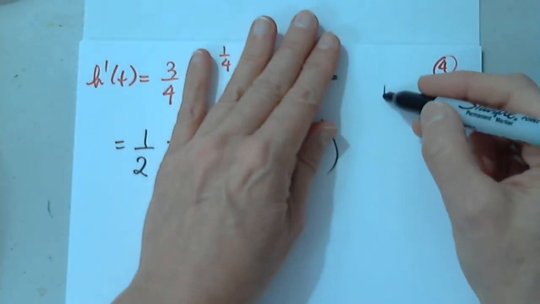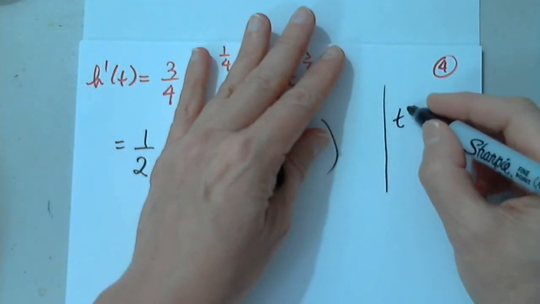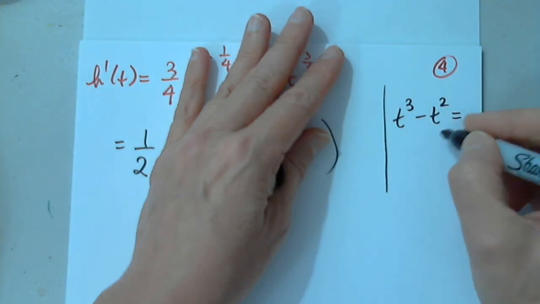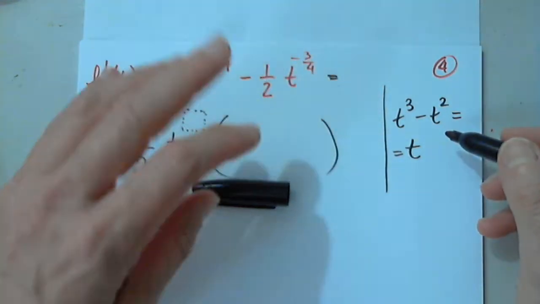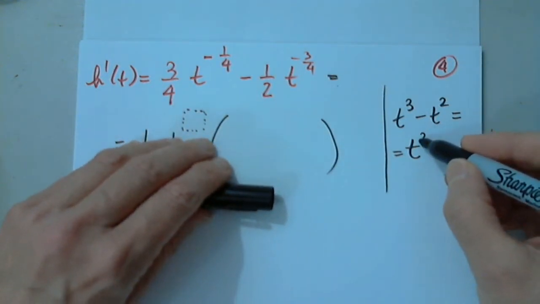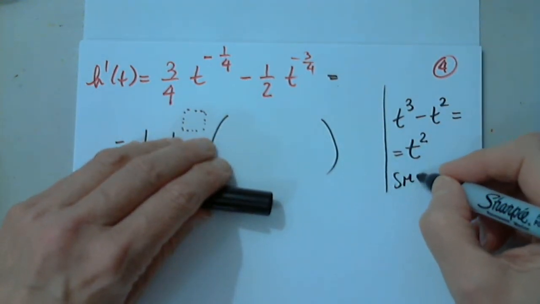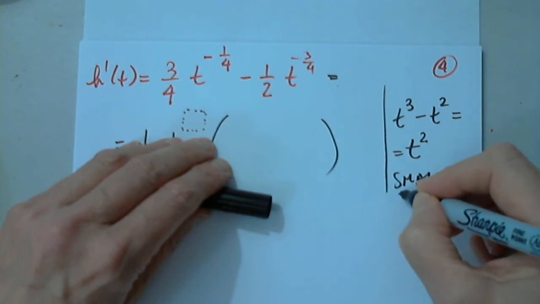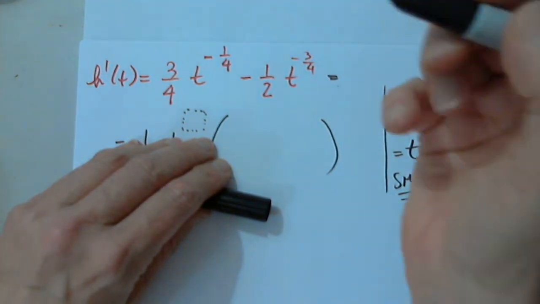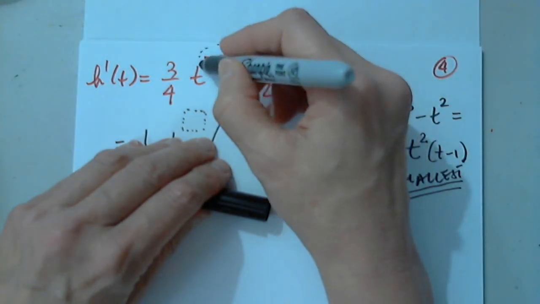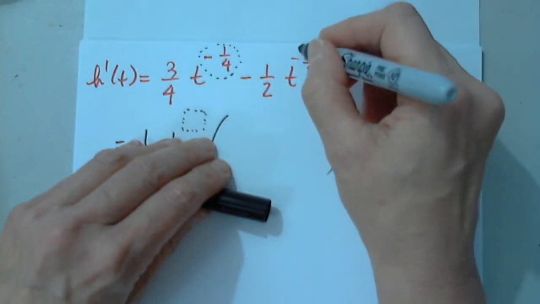So let's analyze something. Forget about this for a moment. If I have t to the third minus t squared, what power will I factor out? t squared. Right. So the smallest power always, to have t minus 1 in parentheses. The same analysis with these two.